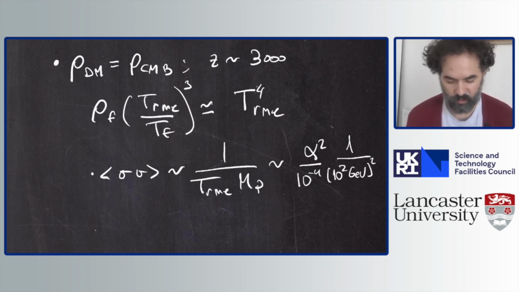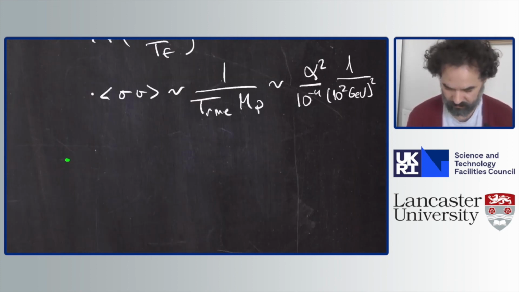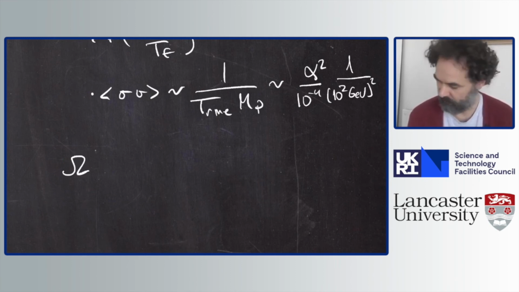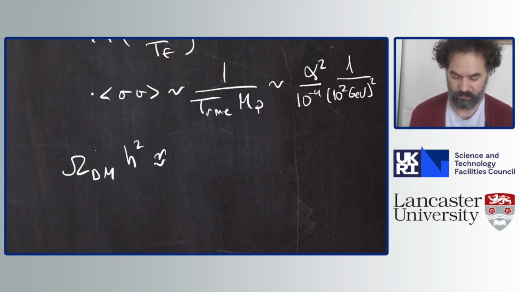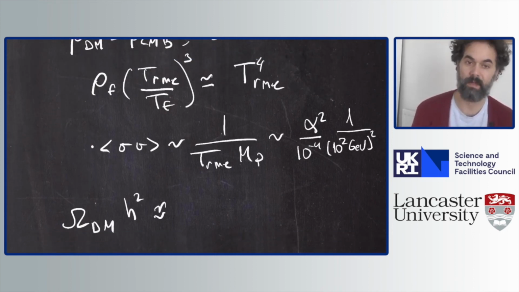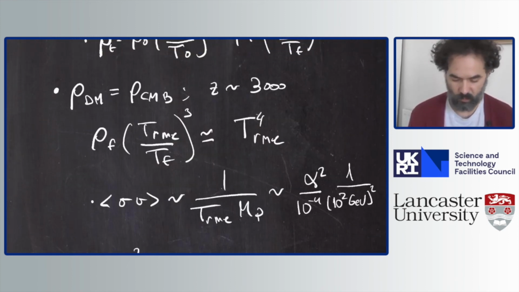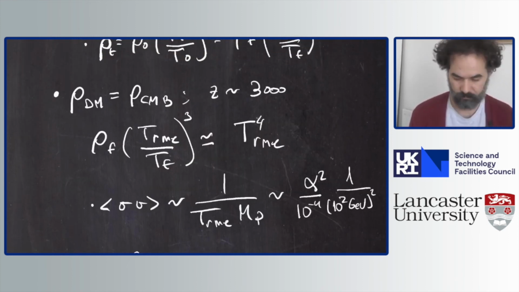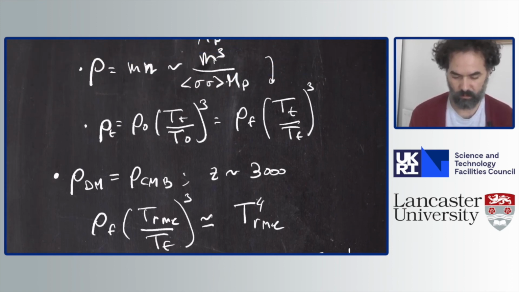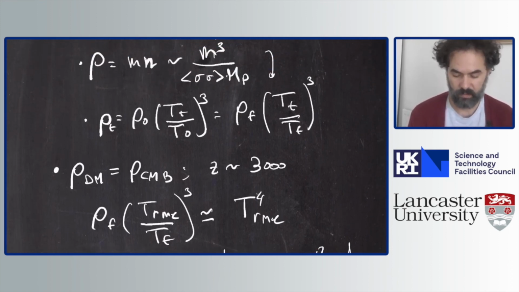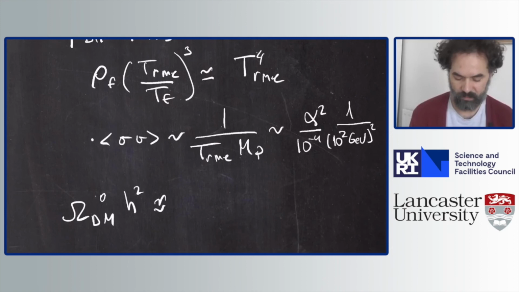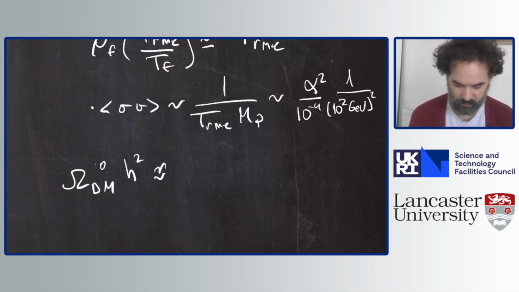Another way to write this is by saying that omega dark matter h squared is basically, how do we compute this? Remember that omega dark matter is the rho of dark matter today. Once you know the cross section and everything, you can plug it into the formula for how the dark matter evolves with time. What you find is that this is given by 0.1.